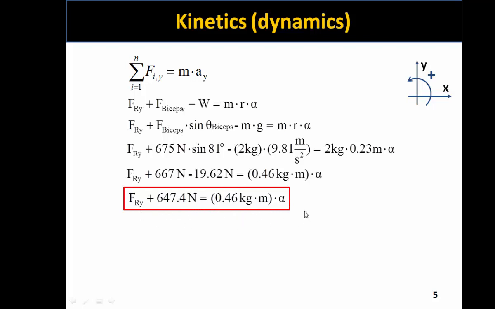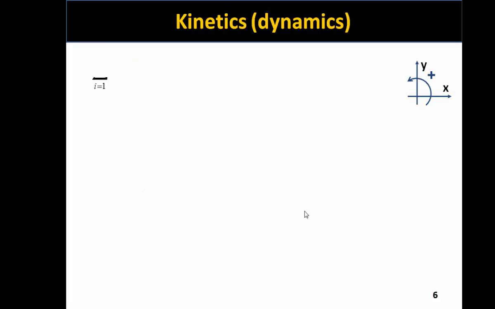However, the good news is we still have a third equation because we're dealing with a rotating system. And we have the sum of the moments of force is equal to the moment of inertia times the angular acceleration.